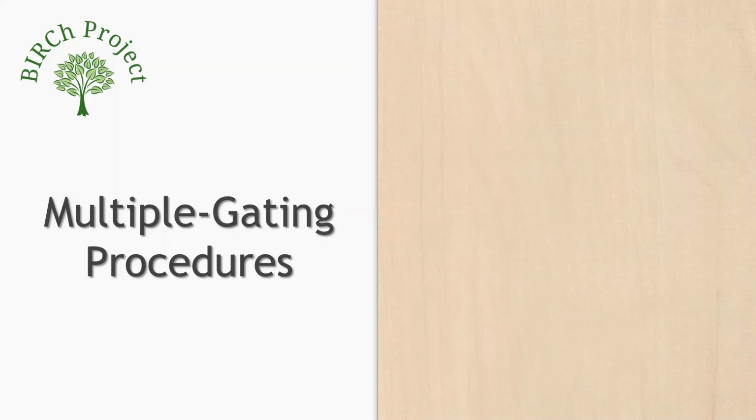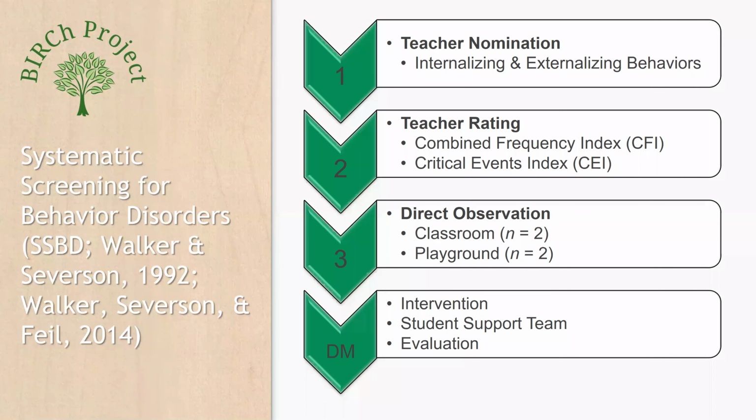The last screening approach that I'll discuss is called the multiple gating. Multiple gating procedures involve multiple steps or gates. And in each step, there are fewer and fewer students who are involved in that particular gate or phase.